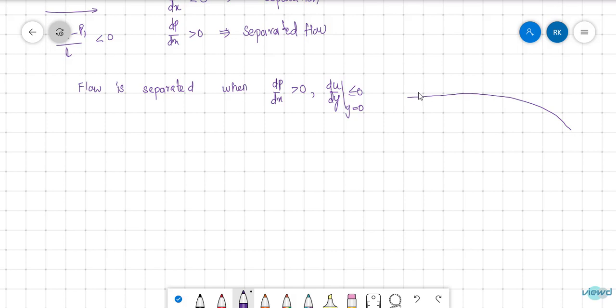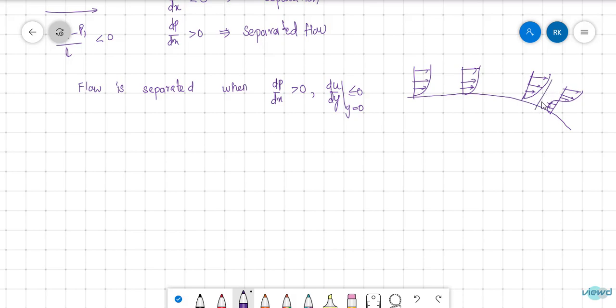If the plate is curved like this, the velocity profile is in this way. When it reaches here, the velocity profile changes like this, and when it again changes, here the slope will be at the point where the separation occurs.